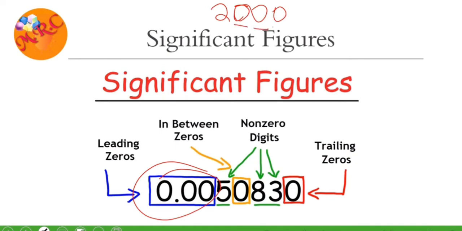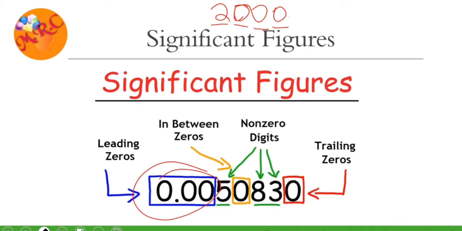These three zeros are not significant either. Yes, they come after a significant number, which is a 2. However, they are still not significant. For them to be significant, we must have a decimal point behind it or another digit for them to be significant. So we looked at two ways that they're not significant.